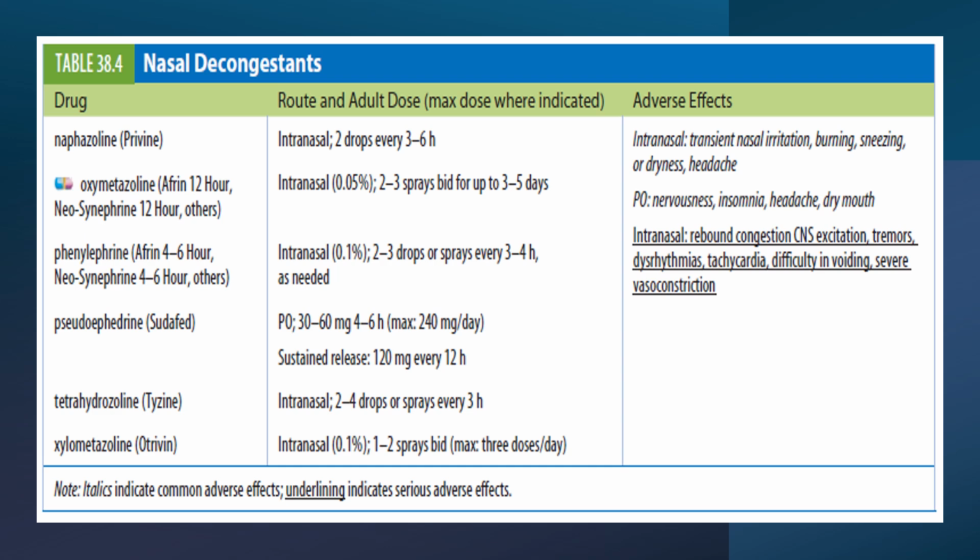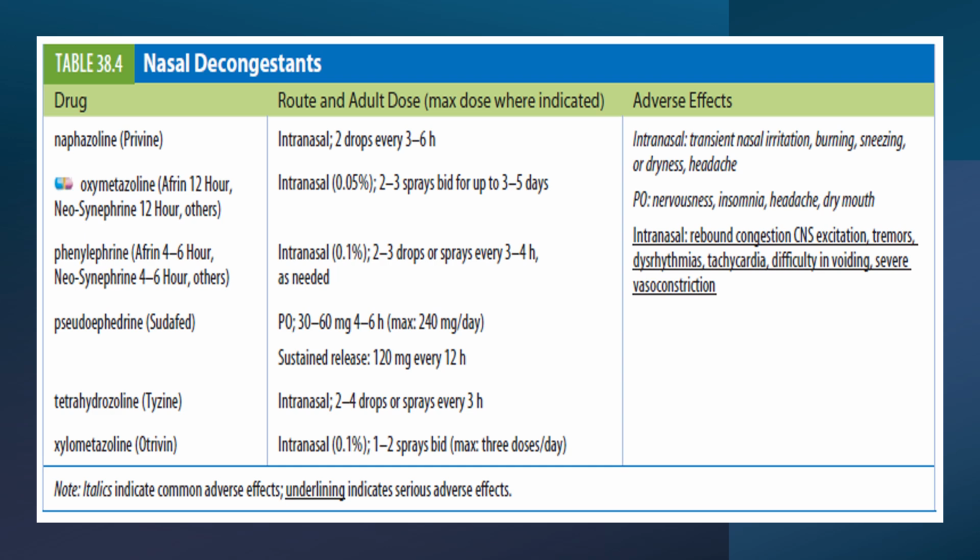When administered orally, sympathomimetics do not produce rebound congestion. Their onset of action by this route, however, is much slower than when administered intranasally, and they are less effective at relieving severe congestion.